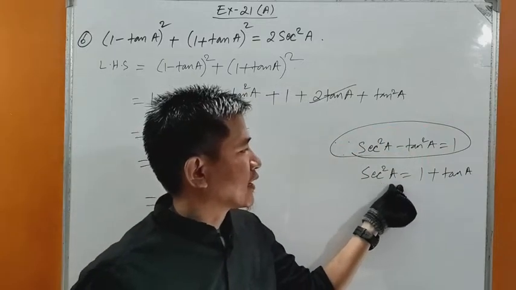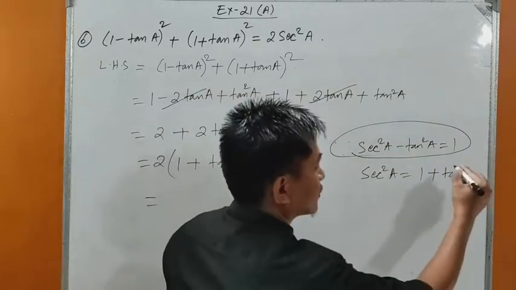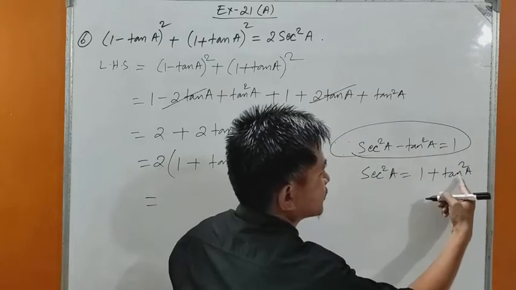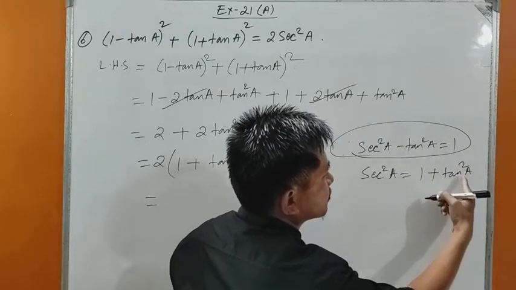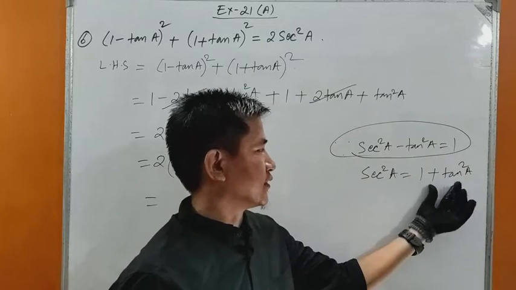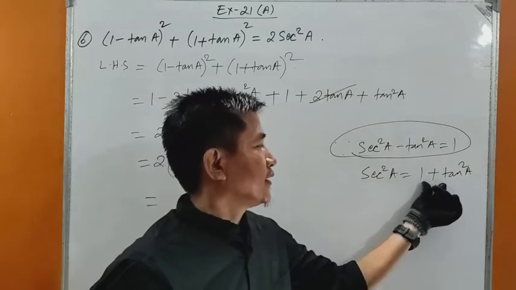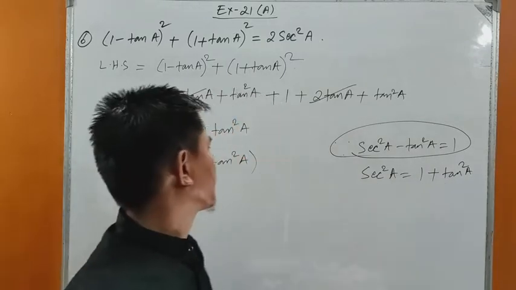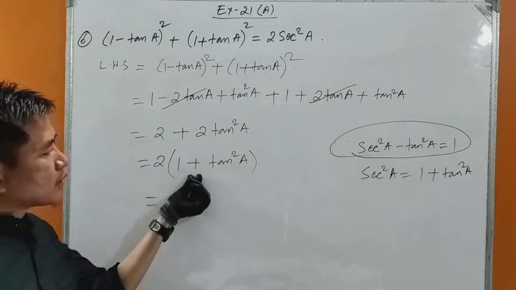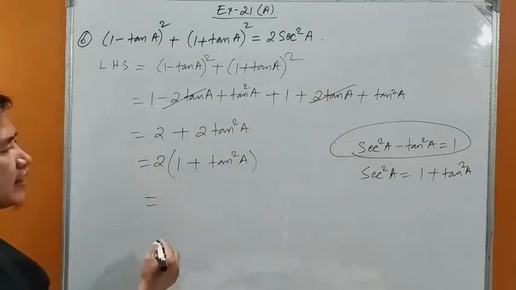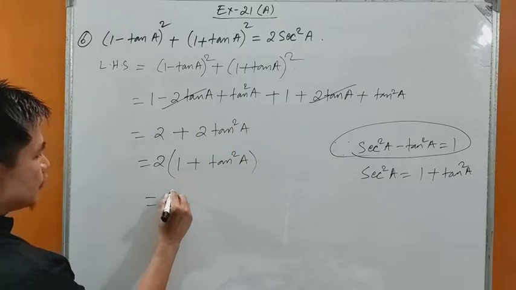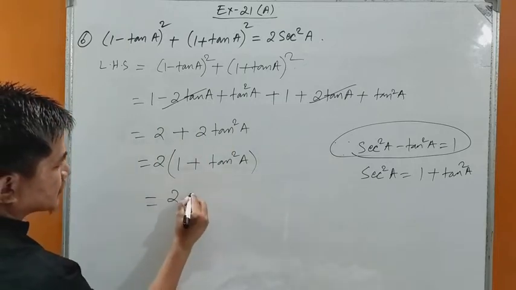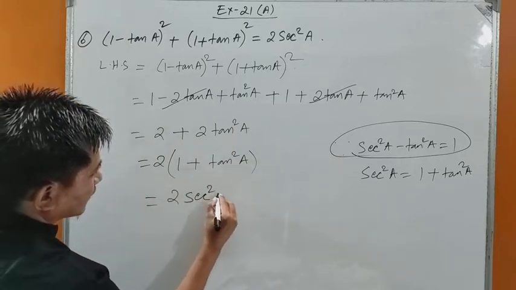So sec square A is 1 plus tan square A. So instead of this 1 plus tan square A, I can write sec square A. So 2 sec square A, isn't it?